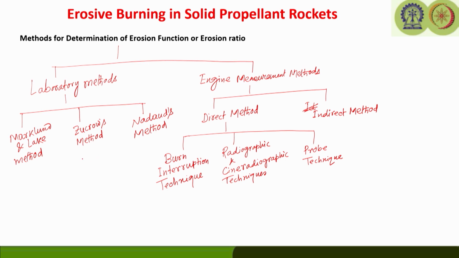So, we need to carefully understand and analyze the data from both, but these methods are well popular, available in literature, and have been used extensively. We can talk about each of these methods and their relevant setup to understand how these experiments are conducted in order to determine the erosion function or erosion ratio. So, let us look at them one by one. Initially, we begin with Marklund and Lec's method.